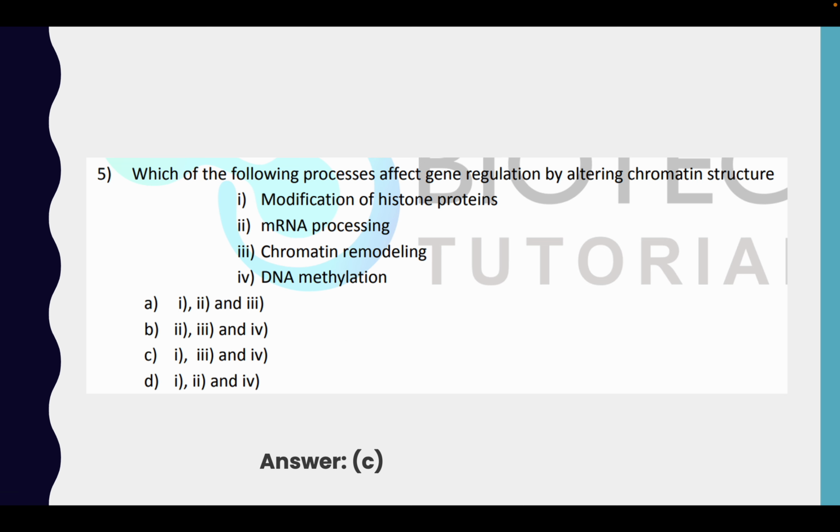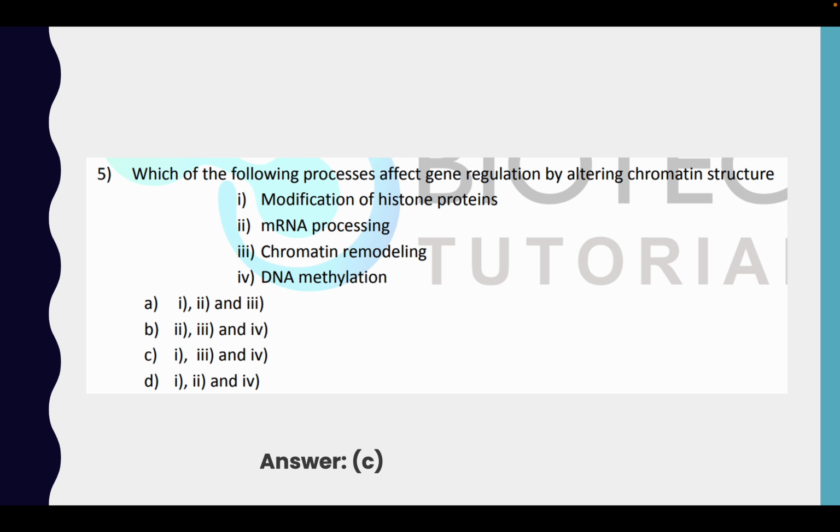So histone modifications, as we know that histone proteins are modified by adding or removing post-translational labels on the histone tails. For example, acetylation of histone tails is associated with transcriptionally active chromatin. Now DNA methylation, it is covalent addition of a methyl group to cytosines in DNA.